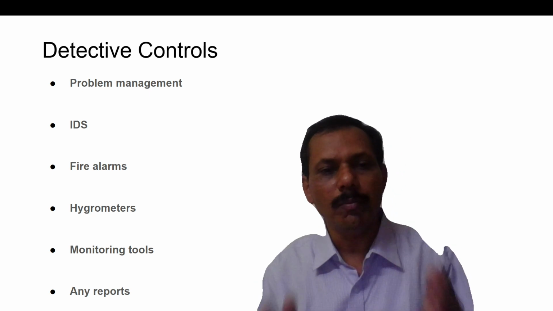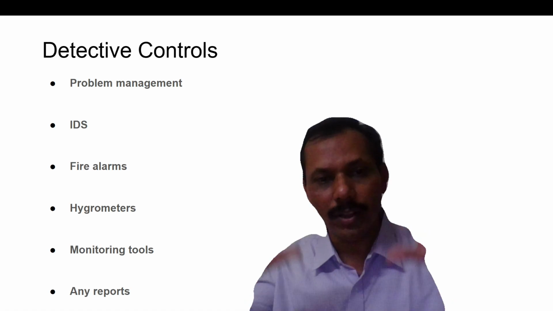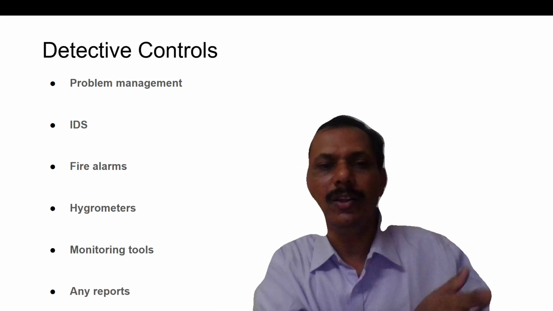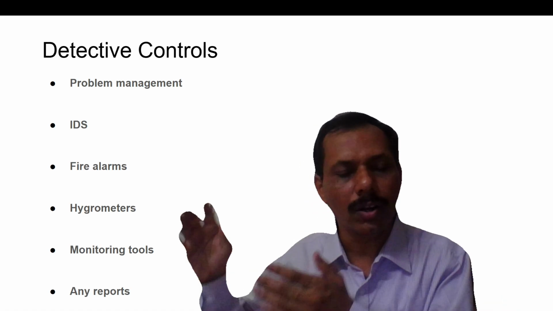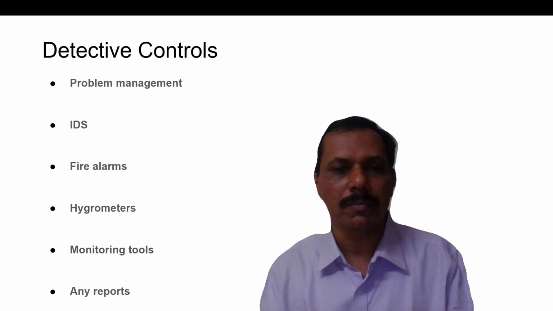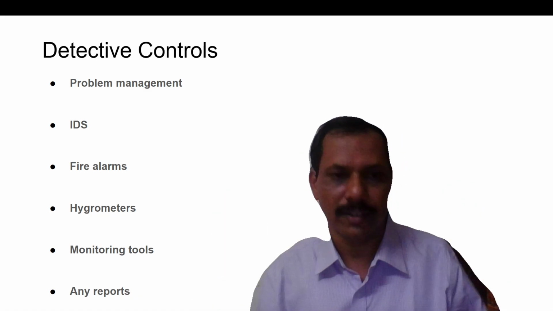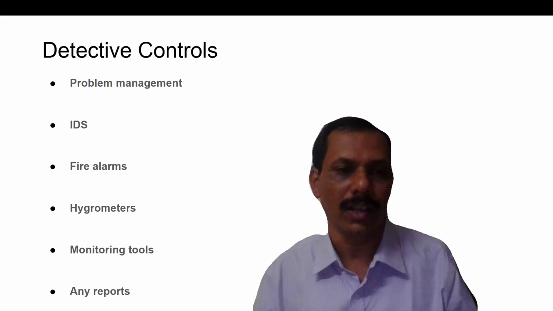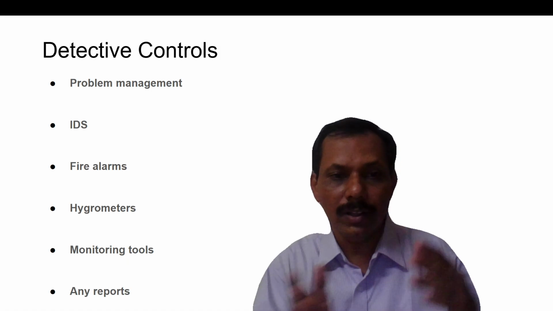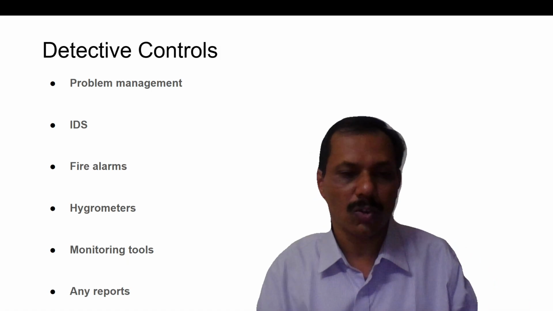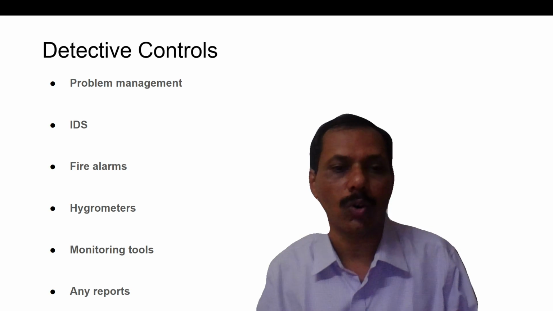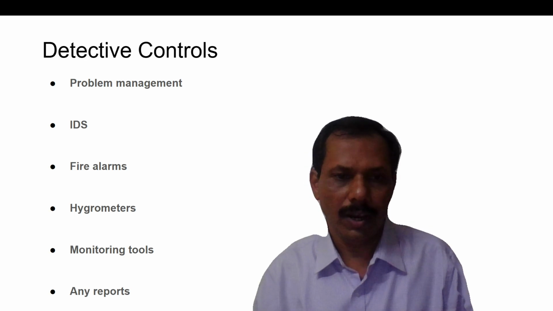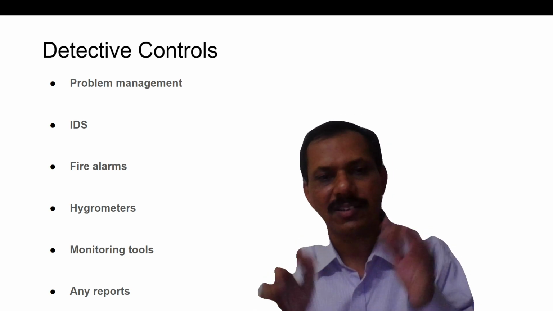Monitoring tool. Any monitoring tool will monitor the system and will tell you the link has gone down, the processor has failed, your application is not working, and it will send you an alert. So a monitoring tool is a detective control. Any report, it may be your normal weekly project status report.